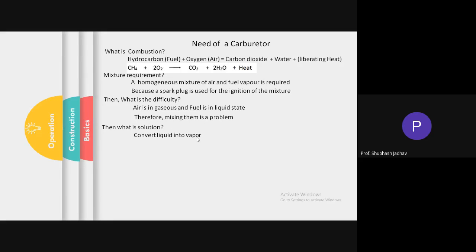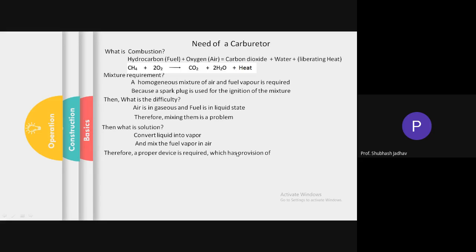So now we have two gases, one is the fuel vapor and another is the air. And these two gaseous things can be mixed now, and then we mix the fuel vapor with air. Okay, so this is the solution we have.